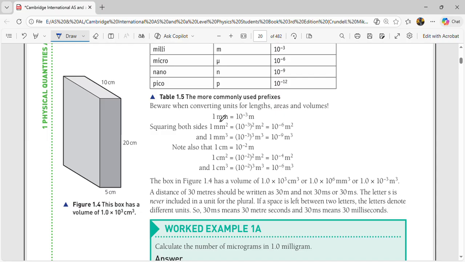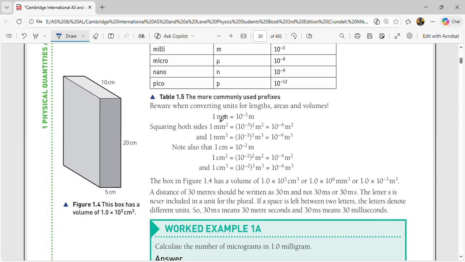But what about when you're converting units for areas? It means you have to square either side to make them areas, like squares. So 1 square millimeter will be 1 out of 1 million square meters. Even for volume, it is the same thing.